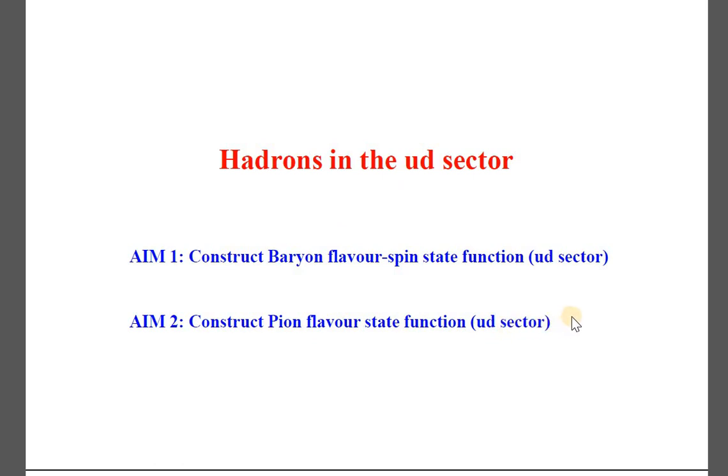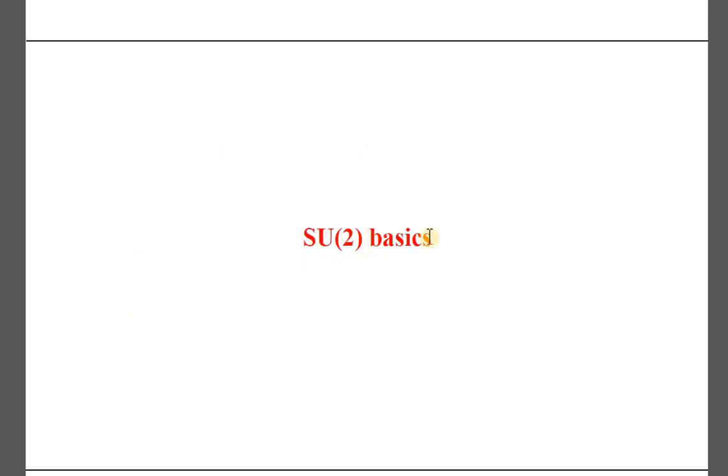Now in my last class, I already talked about how Gell-Mann and Zweig observed the familiarity of the eightfold pattern with the SU2 and SU3 symmetry groups, and using these ideas we are finally able to construct the wave function as well. But first let me very briefly talk to you about these symmetry groups.